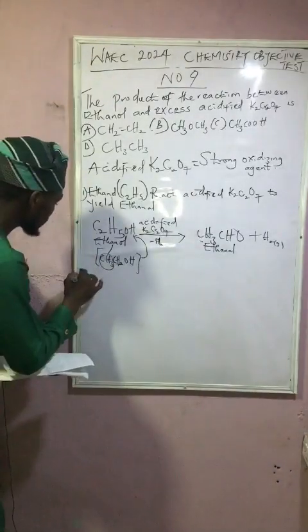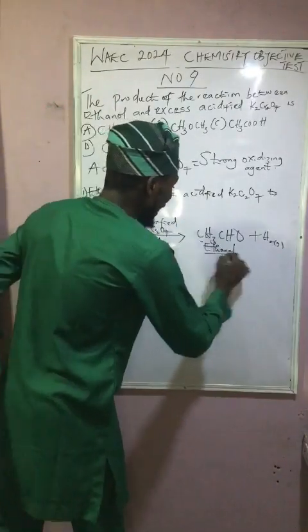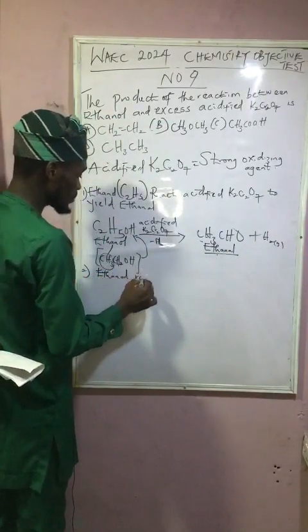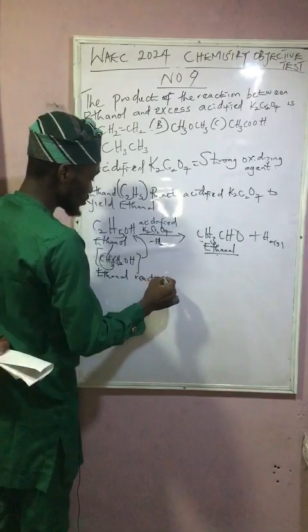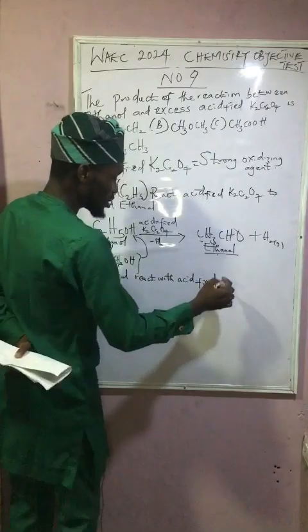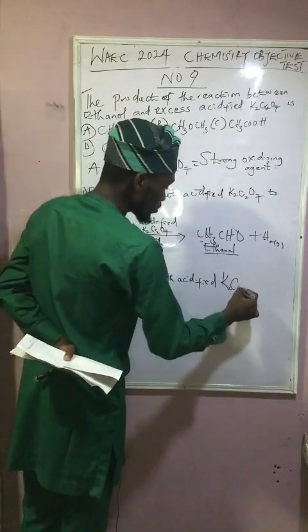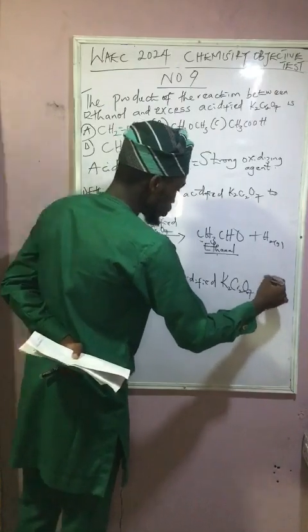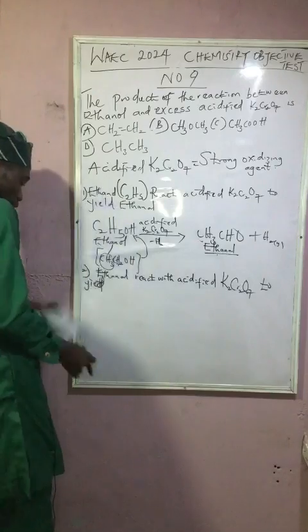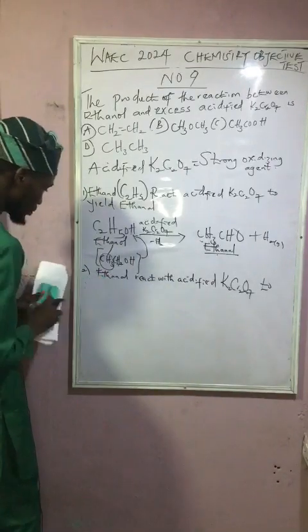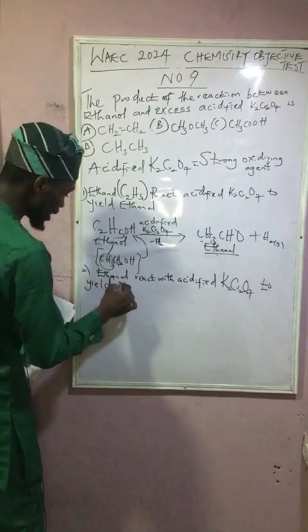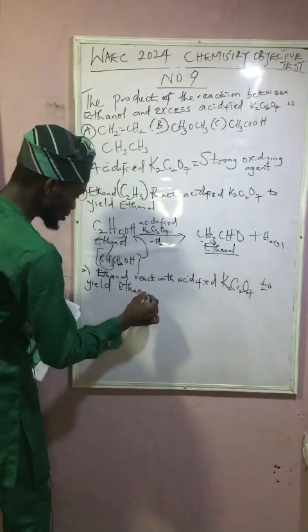So the second one, the product here is what? Ethanal. I said ethanal reacts with acidified potassium dichromate to yield ethanoic acid.